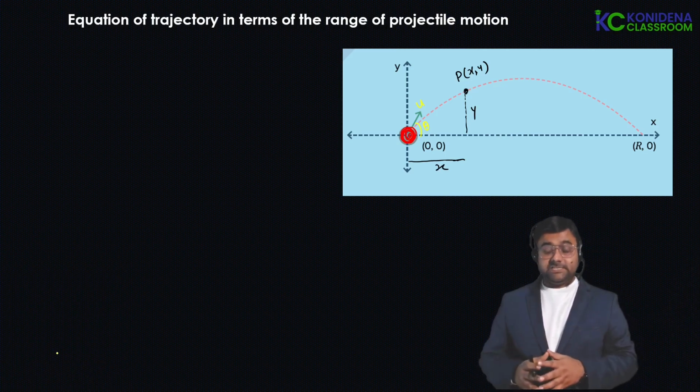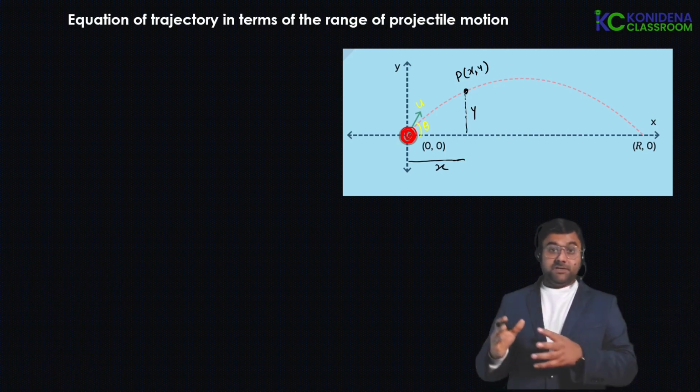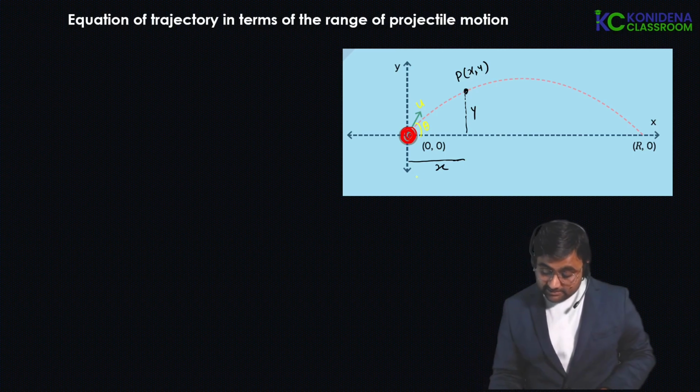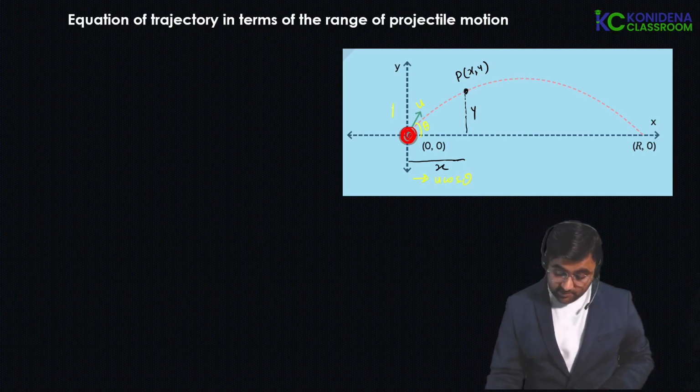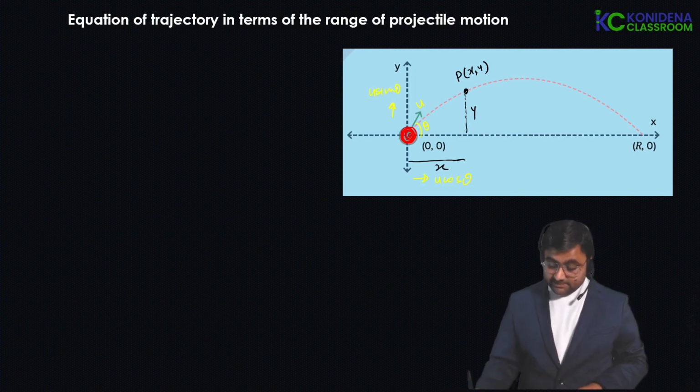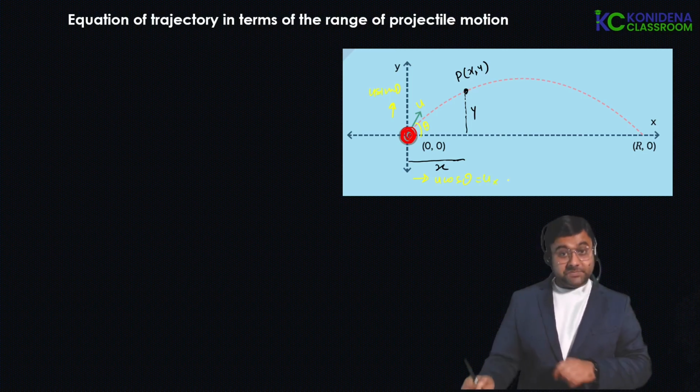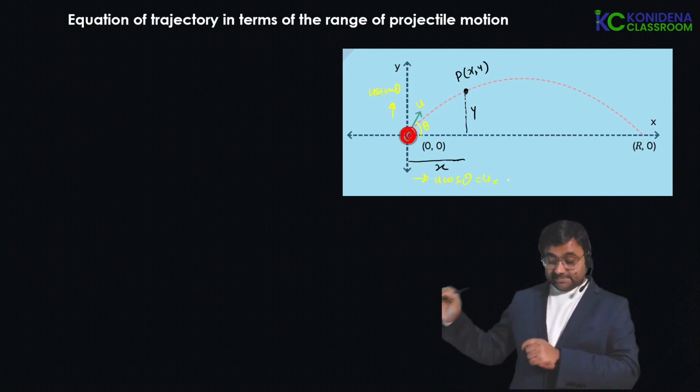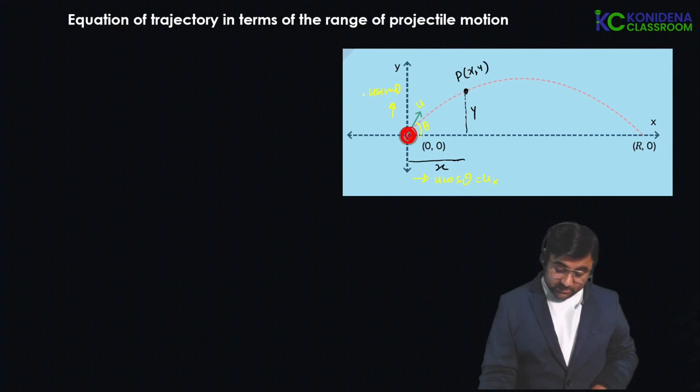The very first thing is this: the initial velocity given to you is u, then this component is going to be u cos theta, and the vertical component is u sine theta, that we know, right? This is ux, it is pointed towards the x-axis, and this is your uy because this is pointed towards the y-axis. Convention we are taking is upward positive and downward negative. Okay.